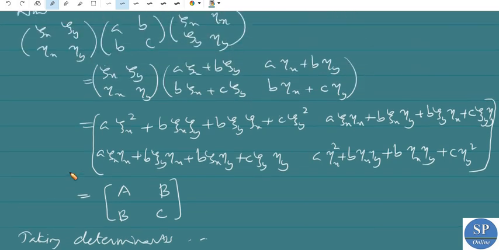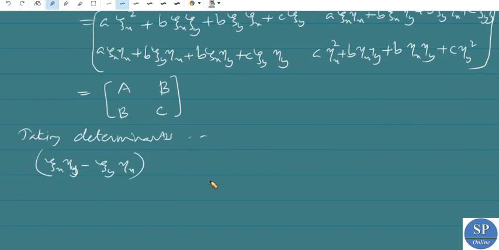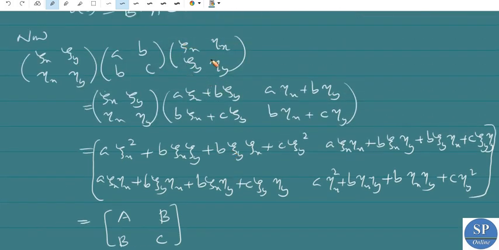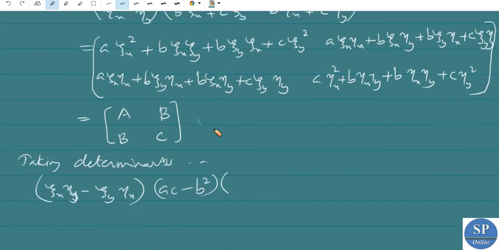This is the determinant of first, into determinant of a b b c, so this is ac minus b square, into determinant of this, which is zeta x eta y minus zeta y eta x, which is equal to determinant of this, that is capital AC minus B square.